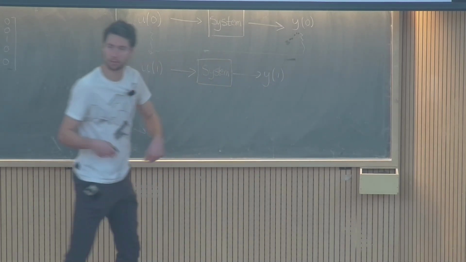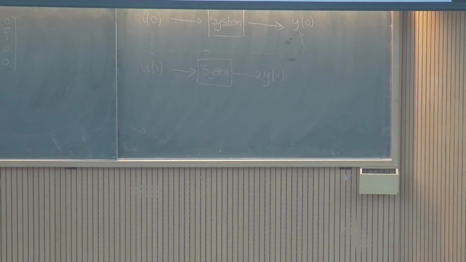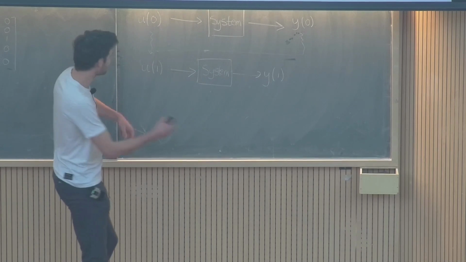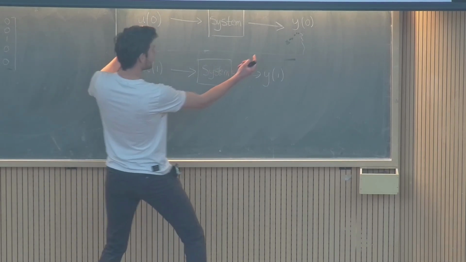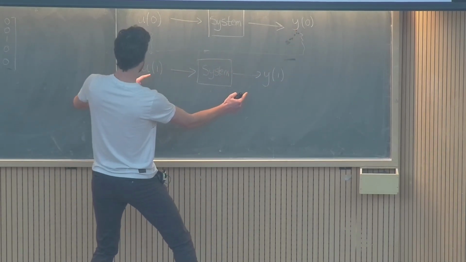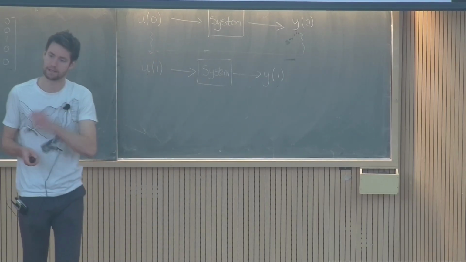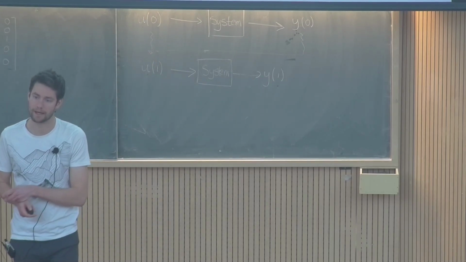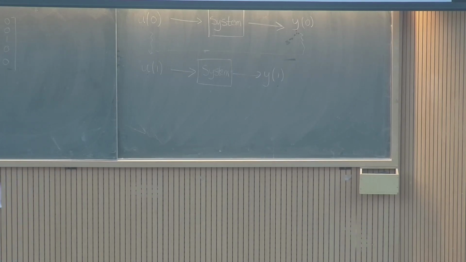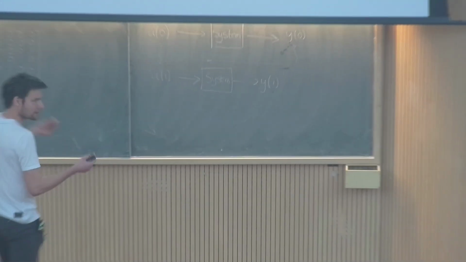That generates some output Y1. Now I'm going to repeat the story, so I'm going to use U0, Y0, U1, and Y1 to generate the next input sample of my experiment, so U2. And I continue doing that. So that's what I mean by online.